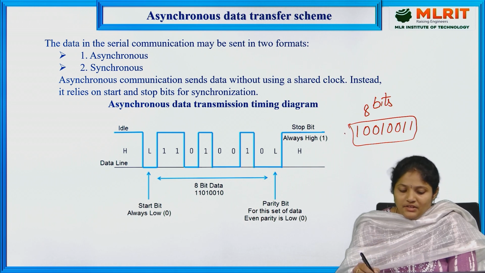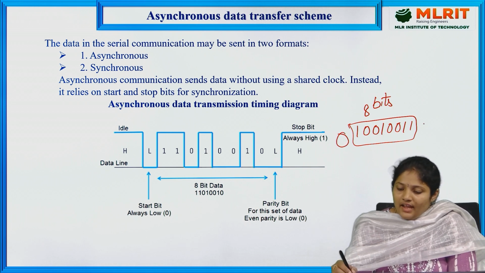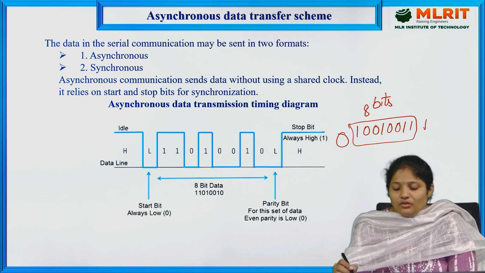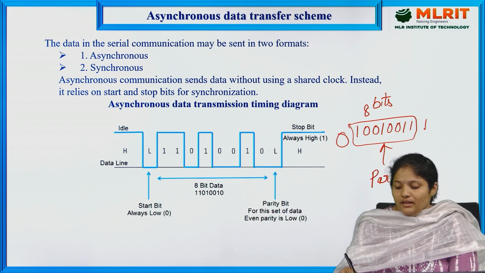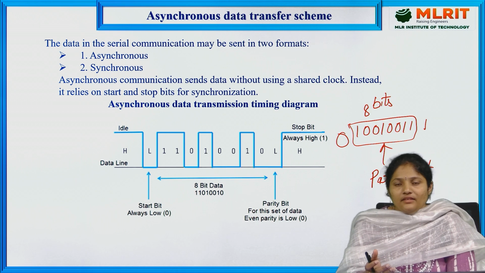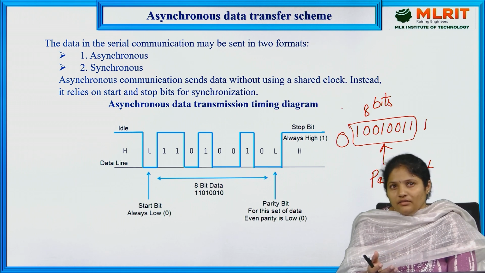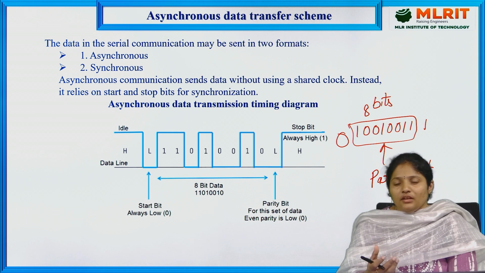Along with start and stop bits, the transmitter can add parity bits for error detection. If any error occurs in transmission and reception, you need to find out which bit has been sent in error, so you can add parity bits.